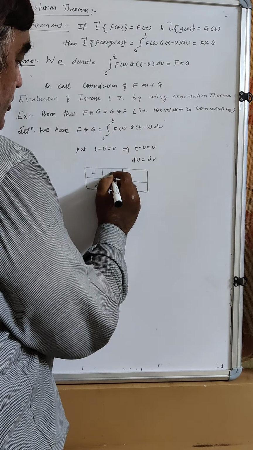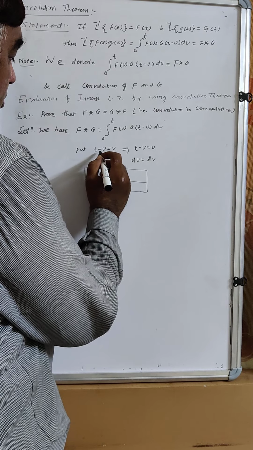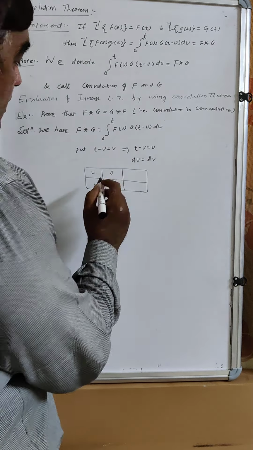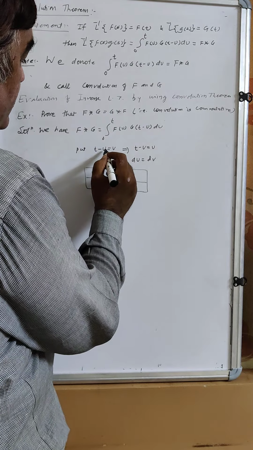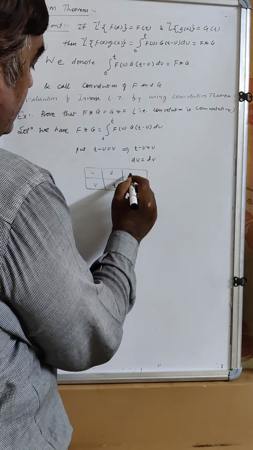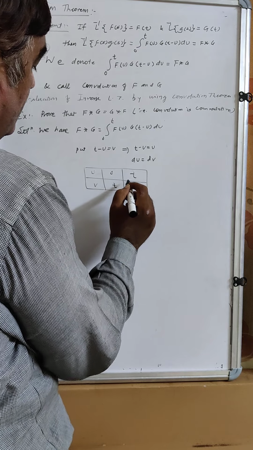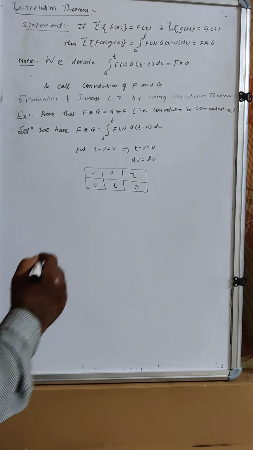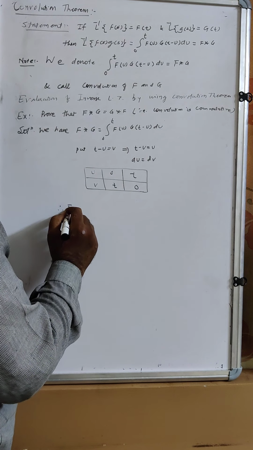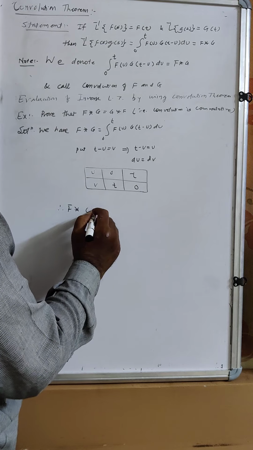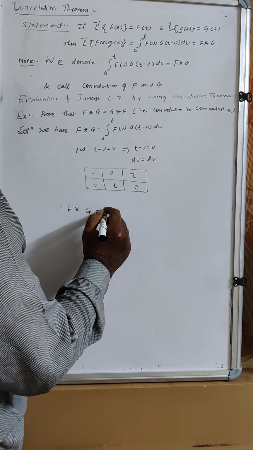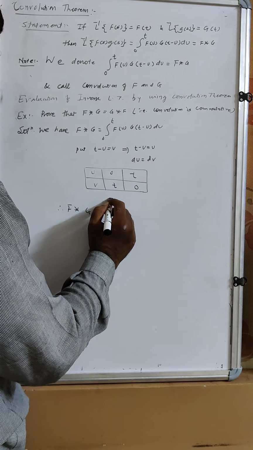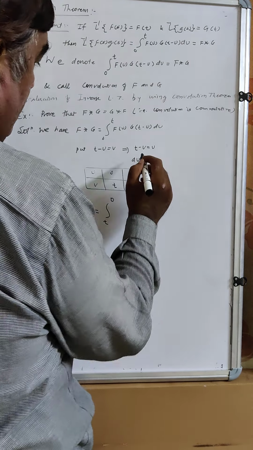If u is equal to 0, then v is equal to t. If u is equal to t, then v is equal to 0. Therefore, f star g is equal to integration from t to 0, here minus v.